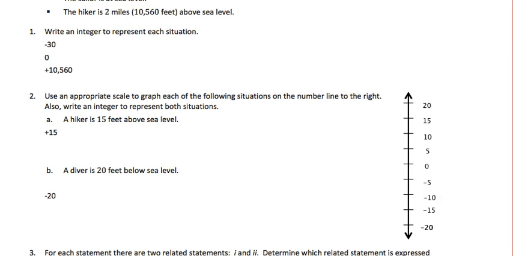And then once we have our number line labeled with equal intervals, remember they have to be equal, then we can plot each of these numbers on the number line. And as a review, our hiker is at 15 feet above sea level, or positive 15, and our diver is at negative 20, or 20 feet below sea level.